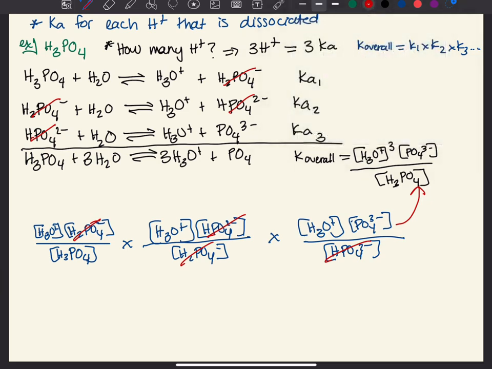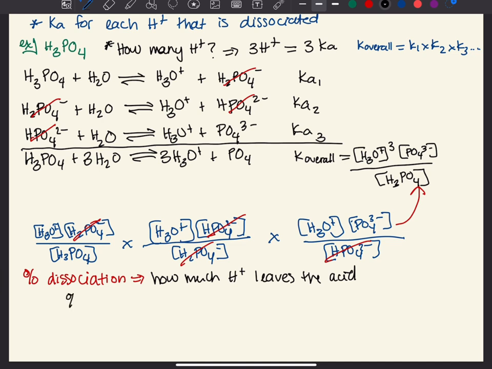Now, when we are talking about the percent dissociation, it is talking about how much of that proton leaves the acid. So remember, these exist in equilibrium. So that proton isn't 100% dissociating from the acid.